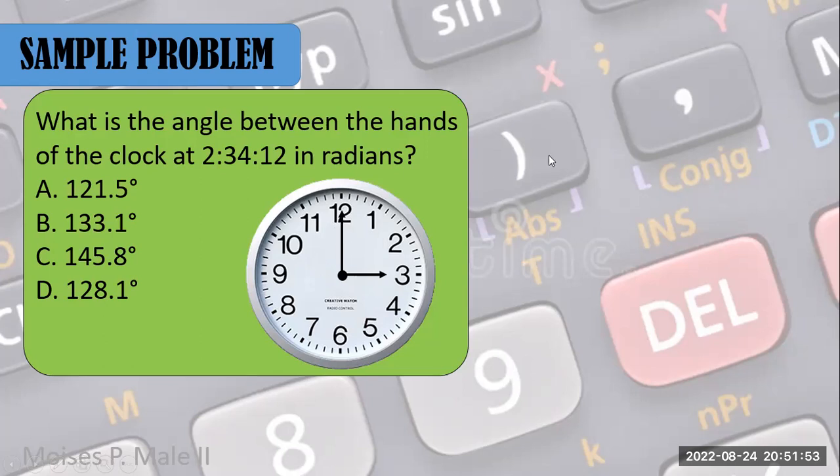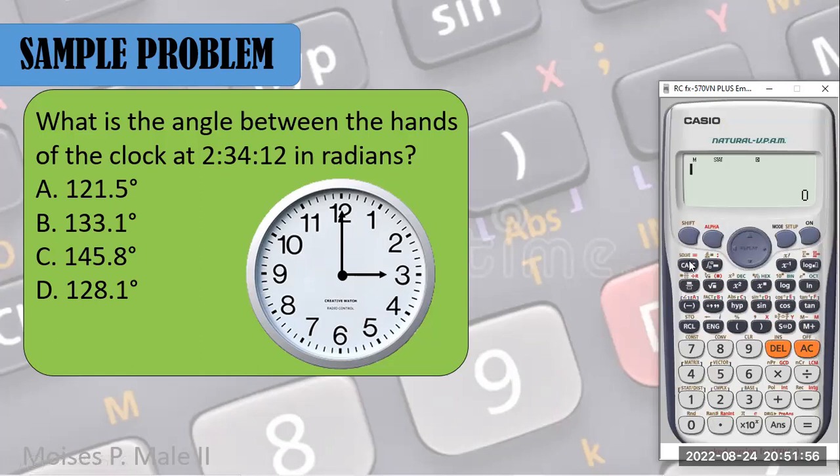So, how do we input that in the calculator? So, mode, mode stat again, right? So, you can just use this. So, data. So, between 2 and 3 o'clock, 2 equals 3. Okay? Then the angle at 2 o'clock is negative 60.